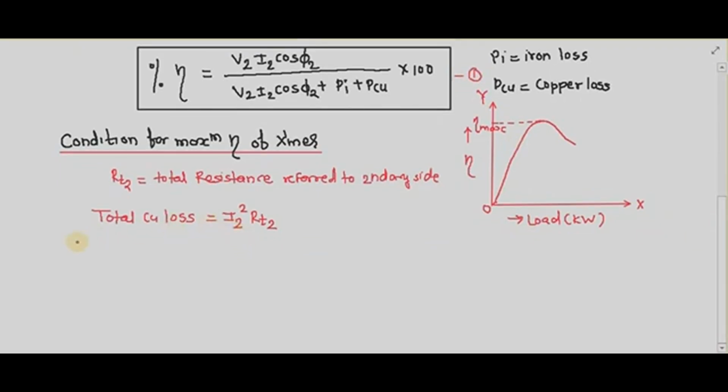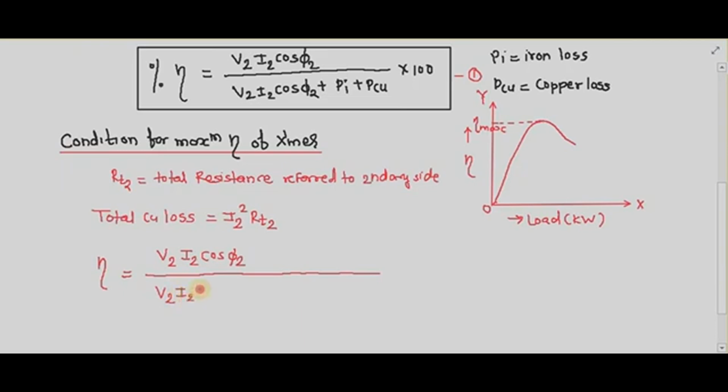Now from equation number 1, what is my corresponding efficiency? It will be V2 I2 cos phi2, or simply phi, because the primary and secondary power factors of the transformer are almost the same.